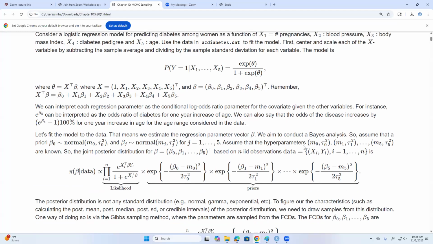Hyperparameters can be known, or if you don't want to specify the hyperparameters, you can put a prior distribution on them as well. So in this case, I assume they are known, but there is no restriction. You can put another level of prior on the hyperparameters.